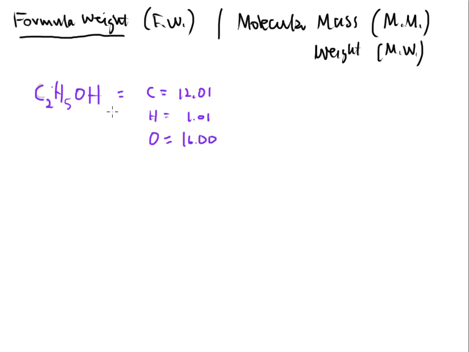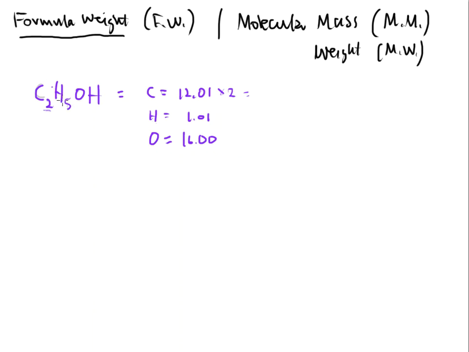Now I need to take a look at this formula because my job is not yet done. I've got the weight of each one of these, but I've not counted how many of these I actually have in the formula, right? So this tells me that there's 2 carbons for every one of these molecules. That's what that little 2 down here means. So because there's 2 of those carbons, I'm going to have to multiply that weight by a 2. Okay, well, hydrogen's the same way.